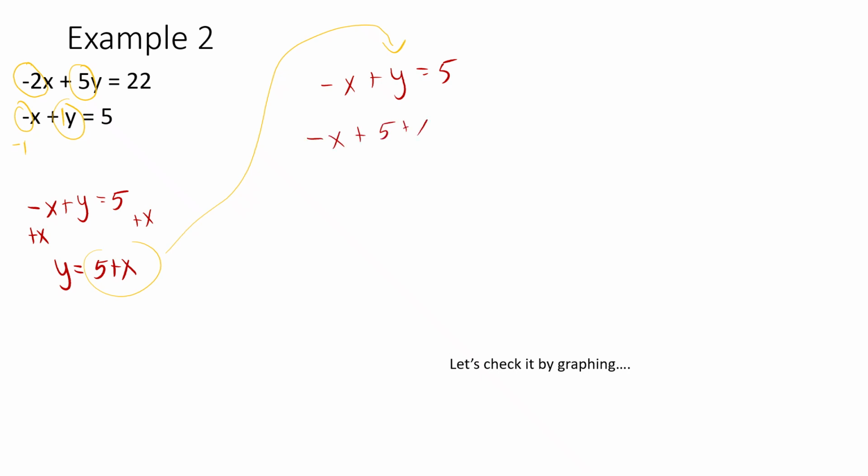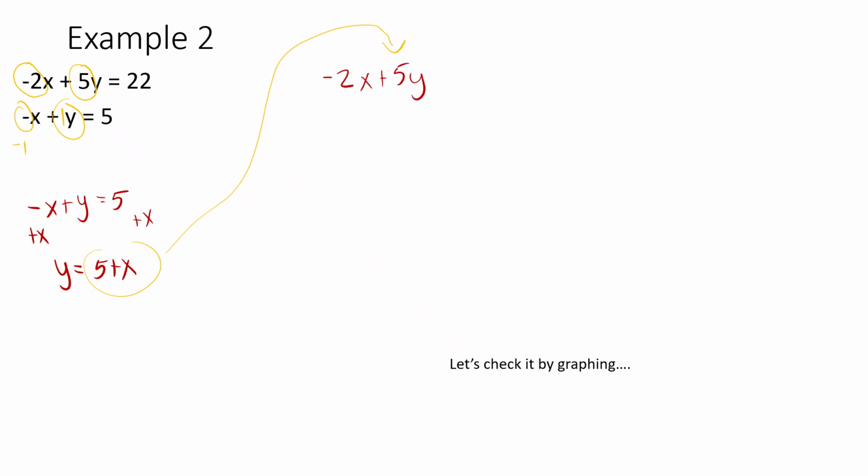So we get 5 plus x, and then we'll have -x plus x is 0, and we get 5 equals 5, and that essentially dead ends on us, where it doesn't get us to the value of what we want. So you definitely want to pick the other equation.